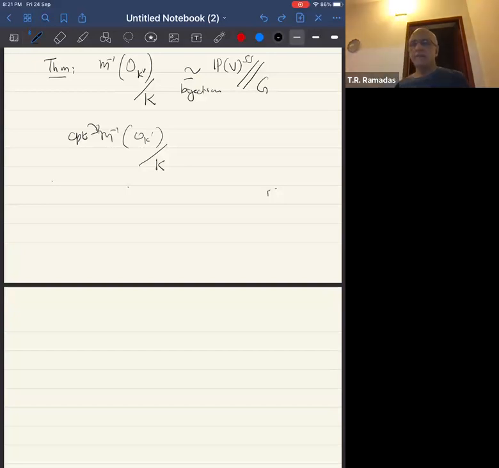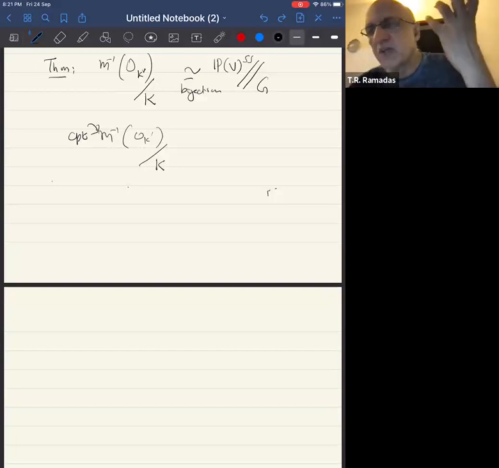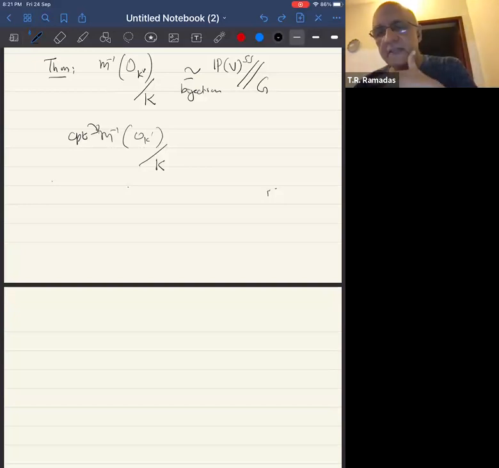The Hilbert-Mumford criterion and allied things are done purely in the language of algebraic groups, whereas here you have ideas from symplectic geometry coming in, and this is much more flexible.